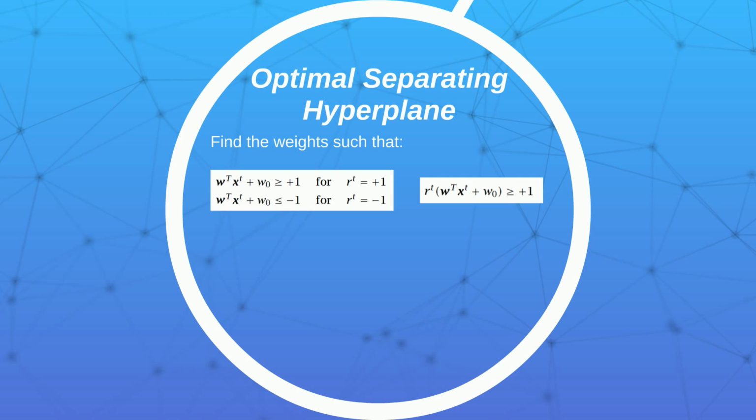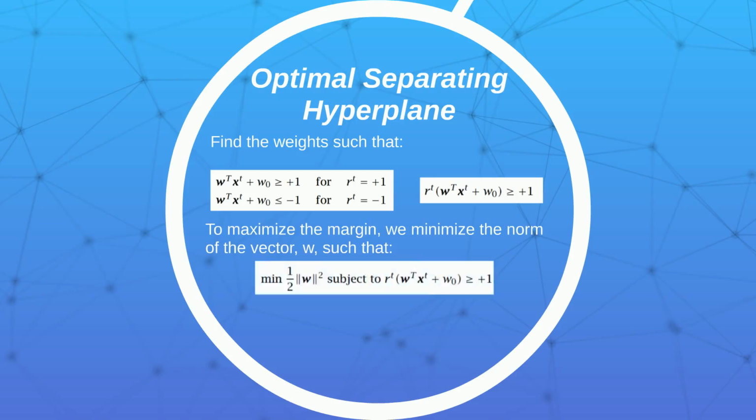The distance from the hyperplane to the instances closest to it on either side is called the margin, and we want to maximize this for best generalization. So to maximize the margin, we're going to minimize the norm of the vector w such that we get this.